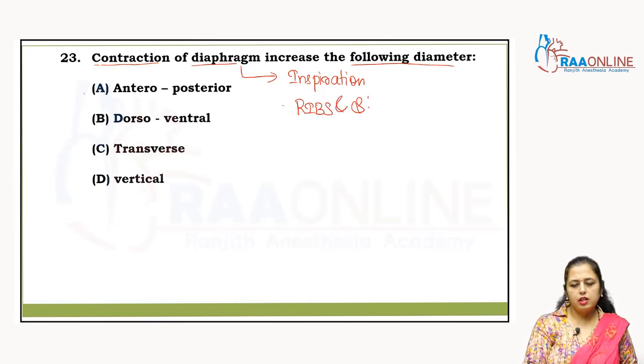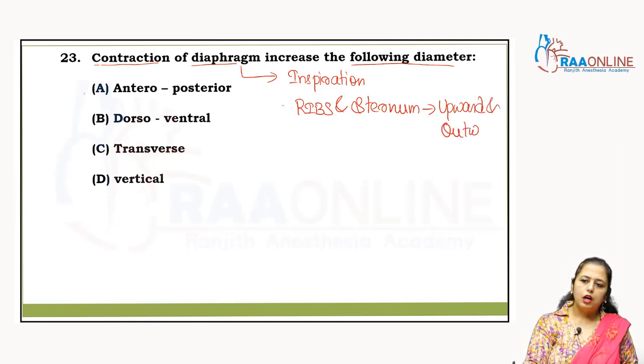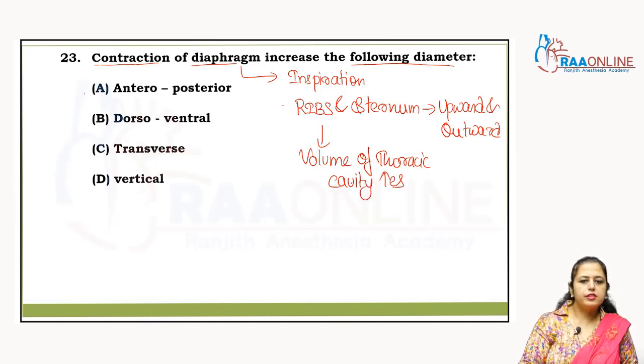Ribs and sternum movement is upward and outward, and the volume of the thoracic cavity increases, right?